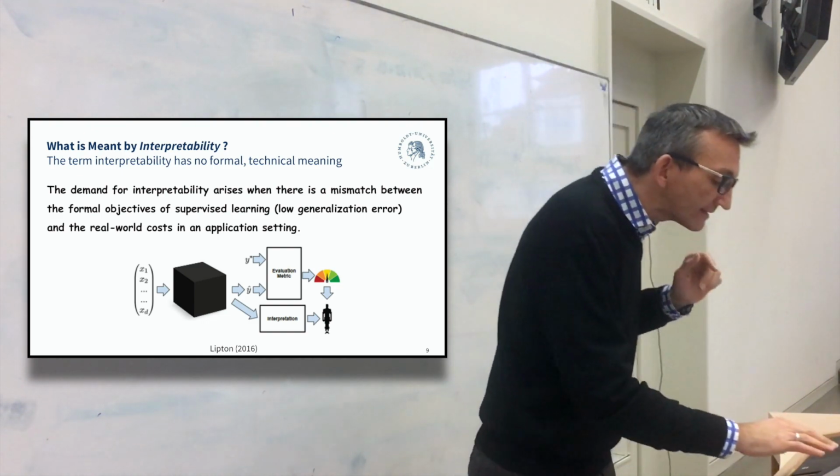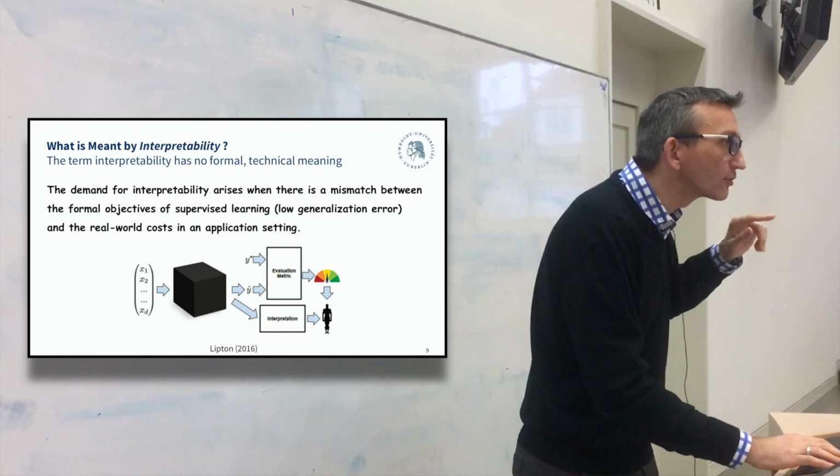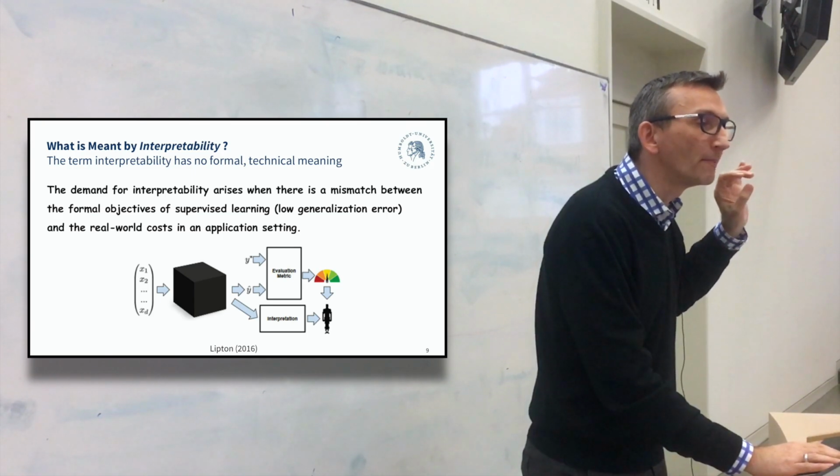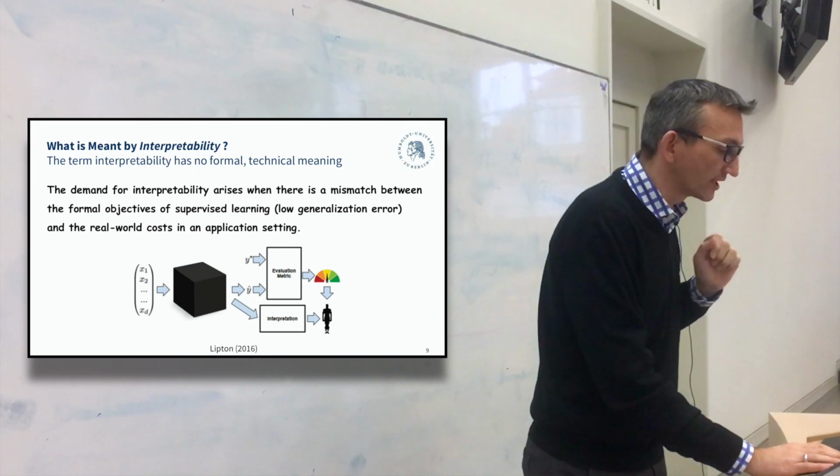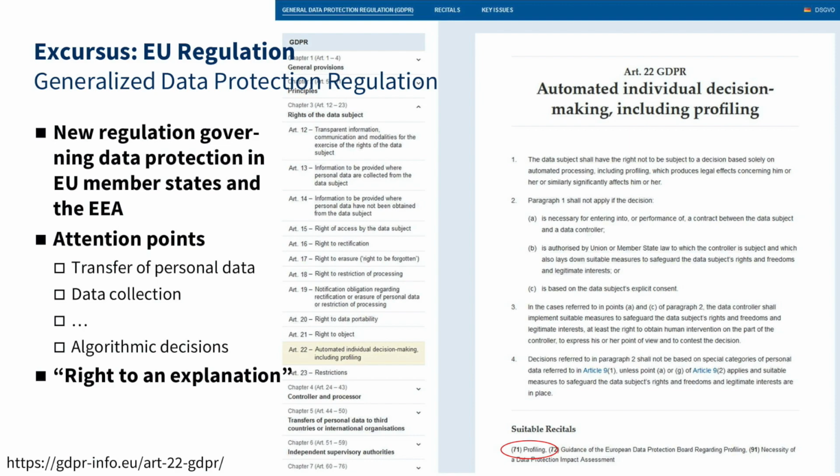Let's take a very brief excursus into the field of compliance and regulation. I'm sure that you have heard about the GDPR, the General Data Protection Regulation, which was enacted in May, I think, 2018.